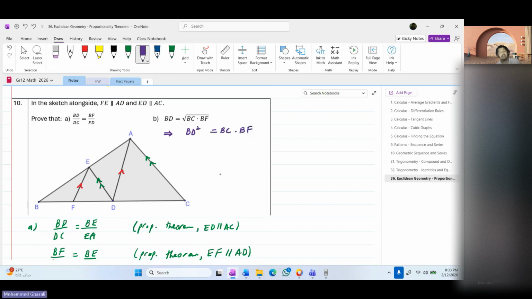Let's square both sides and then split up the BD into two parts: BD times BD is equal to BC times BF.